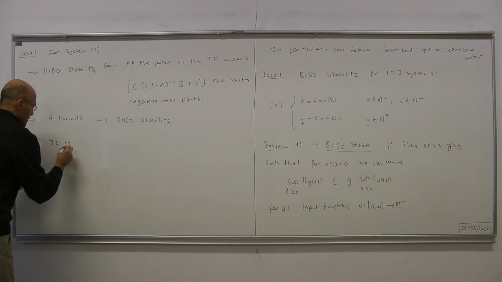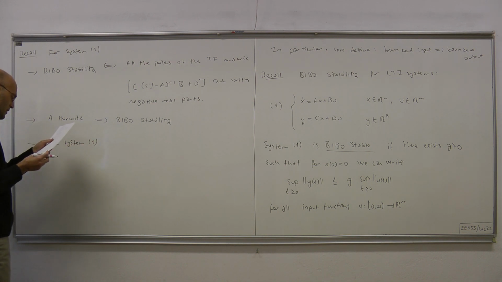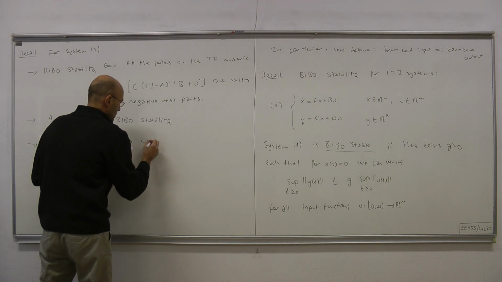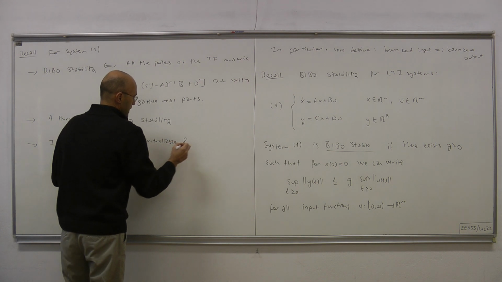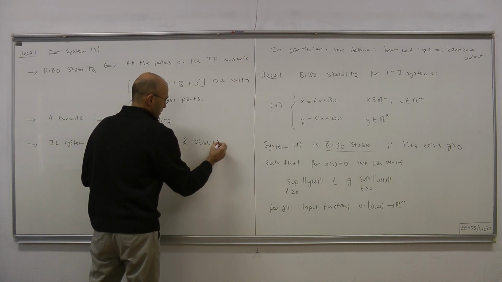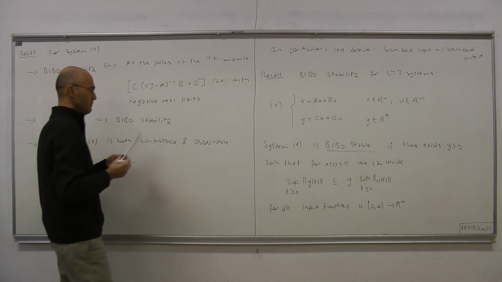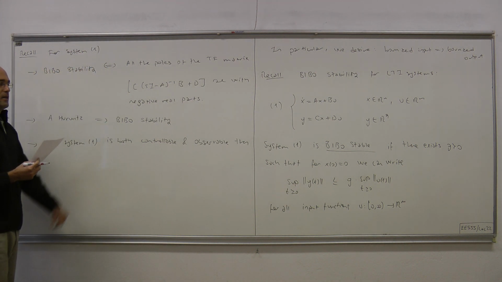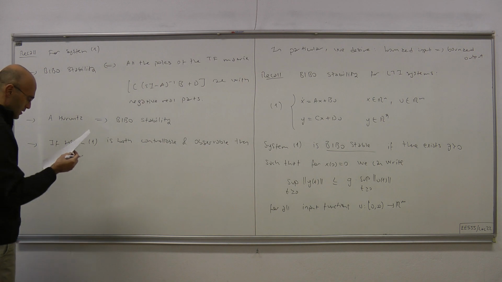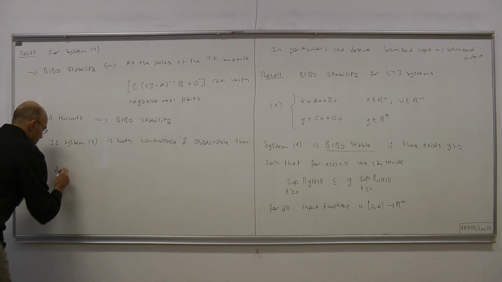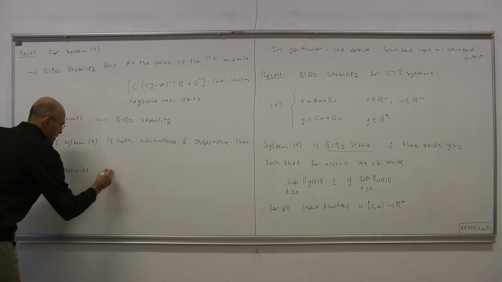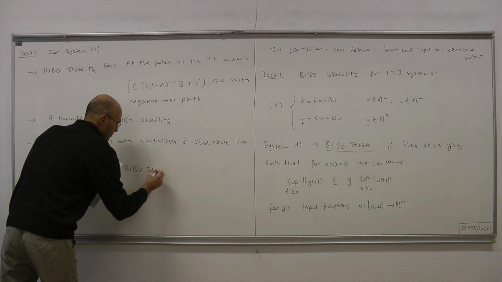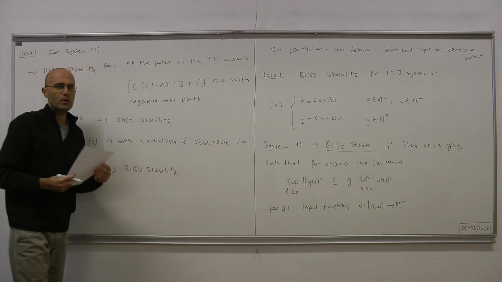So if system 1 is both controllable and observable, then under that assumption, we have equivalence between those two properties. A Hurwitz is equivalent to BIBO stability for our linear system.